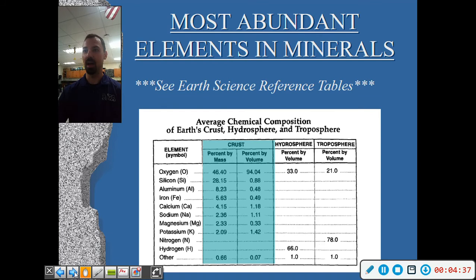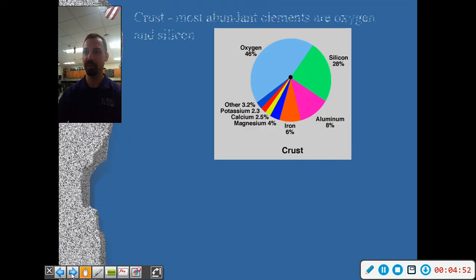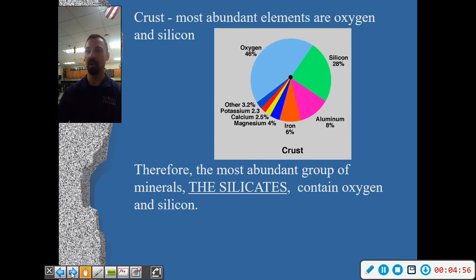Just to remind you, the reference table shows the crust, which is made up of rocks, is mostly made up of silicon and oxygen, even by mass and by volume. So the mineral structure of most rocks is mostly going to be oxygen and silicon.